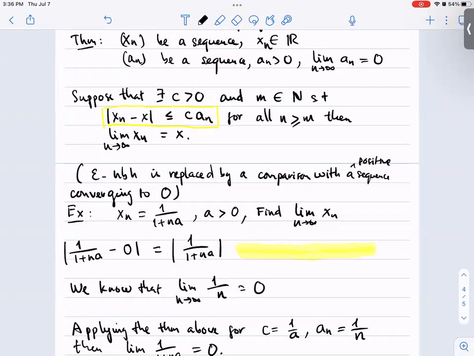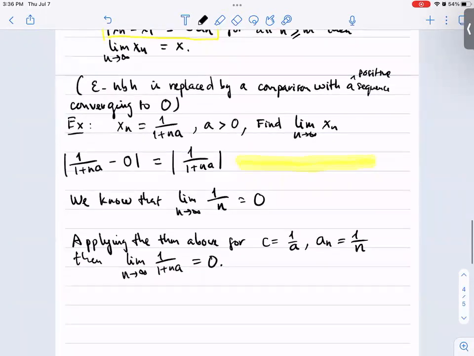Okay. And here is an example of how that theorem is applicable in practice. Let's consider the sequence xn equal to 1 over 1 plus na for some number a greater than 0. We would like to determine the limit when n approaches infinity of xn. How do we do that? We consider the difference of 1 over 1 plus na and 0.